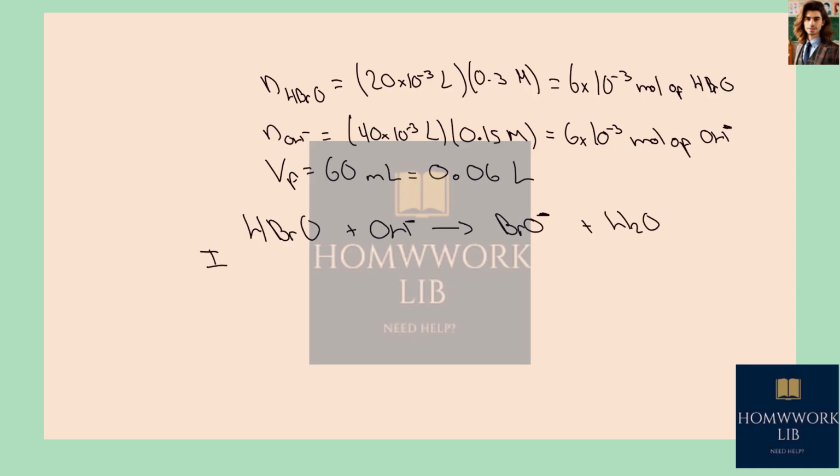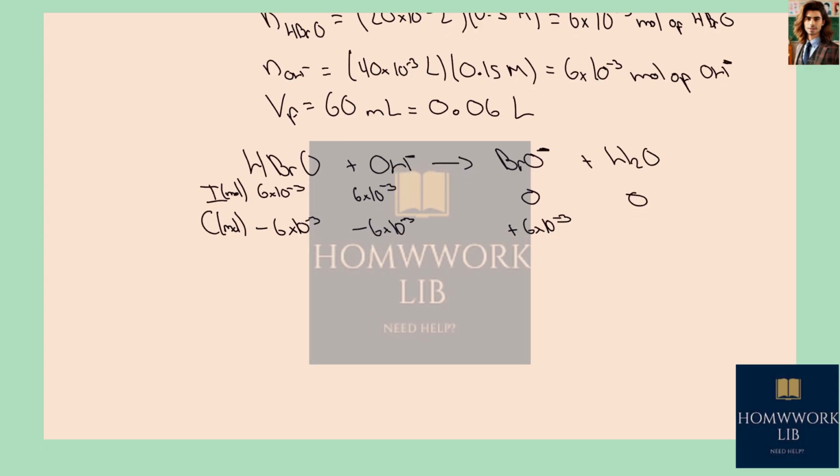The initial amount, here it really doesn't matter because we have the same value, 0 and 0. And all of this ice table is going to be in mole. The amount of change, also in mole, is the same for both of these compounds, and plus 6 times 10 to the minus 3 for my conjugate base. And at equilibrium, I have close to 0, and 6 times 10 to the minus 3 mole, right?